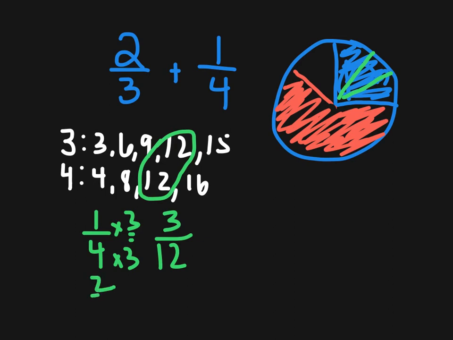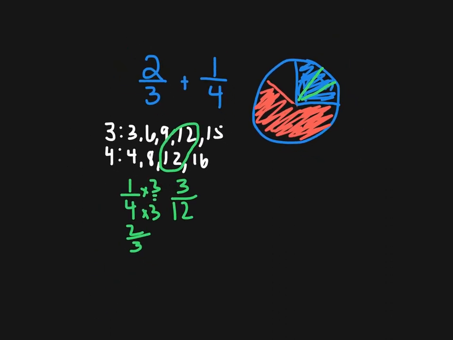And then my 2/3, I can do that same thing. But now I'm going to say what times 3 is going to be 12. In this case, it's 4. So that gives me a total of 8/12.